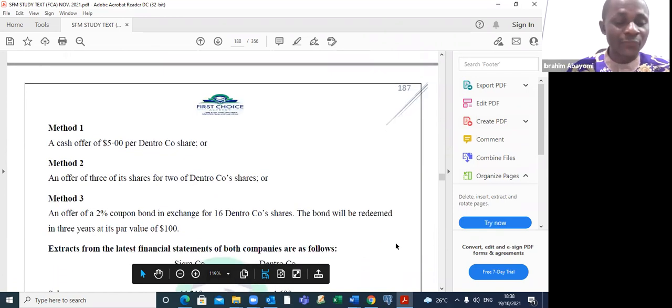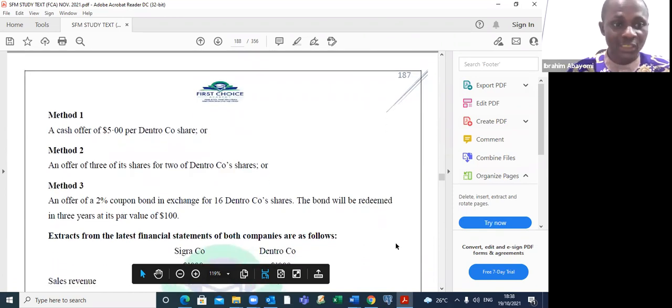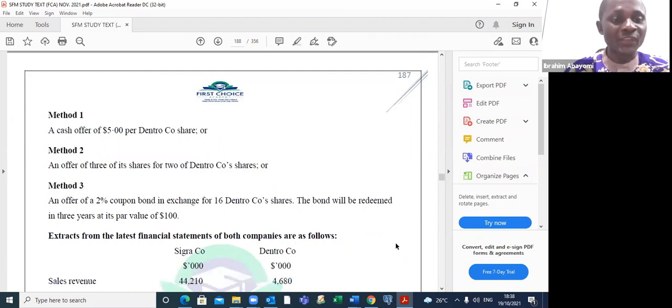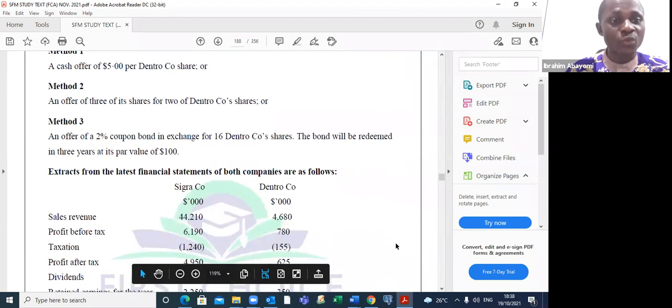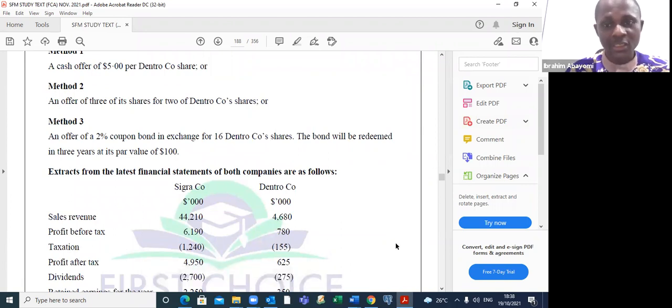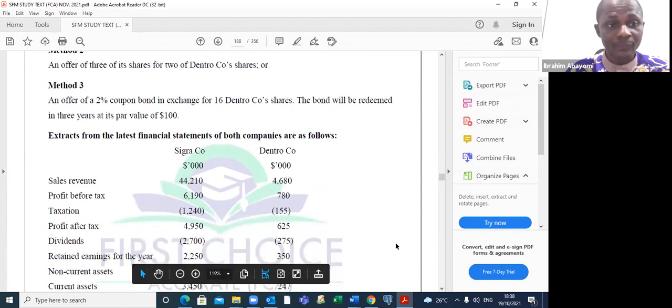Method 1, a cash offer of 5 naira per Dentroco share. Method 2, an offer of 3 Sigraco shares for 2 Dentroco shares. Or method 3, an offer of a 2% coupon bond in exchange for 16 Dentroco shares. The bond will be redeemed in 3 years at its par value of 100.